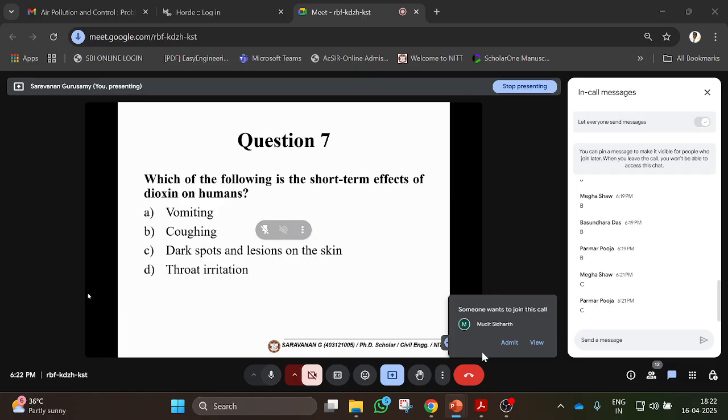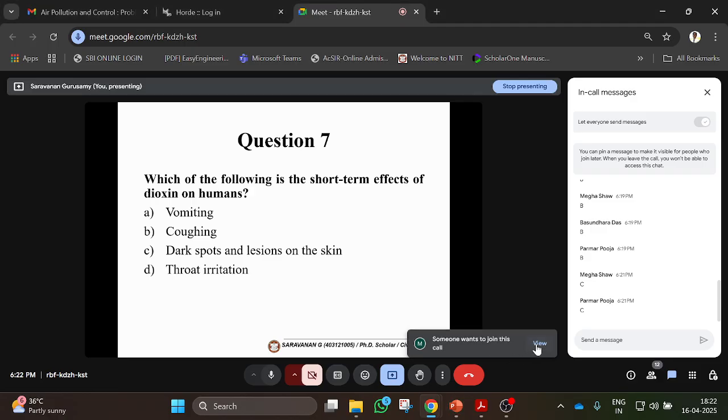President of Ukraine, yeah, he got the same issue, right? When we discussed this dioxin. So the President of Ukraine also, earlier in the 90s, got these dark spots and lesions due to dioxins.